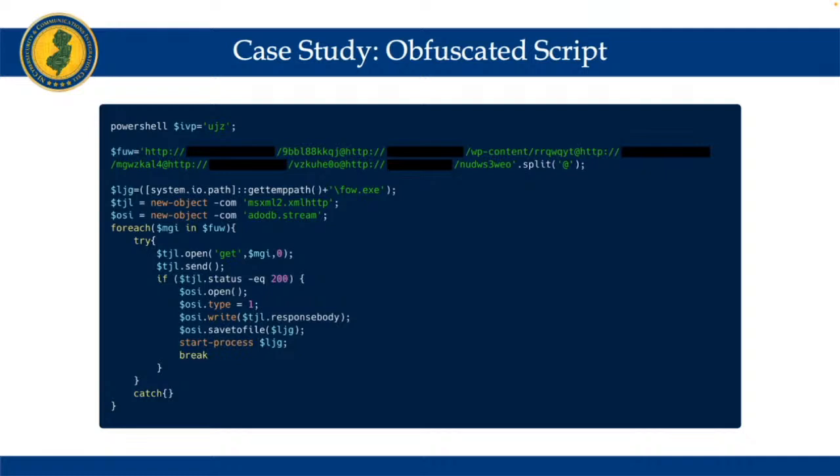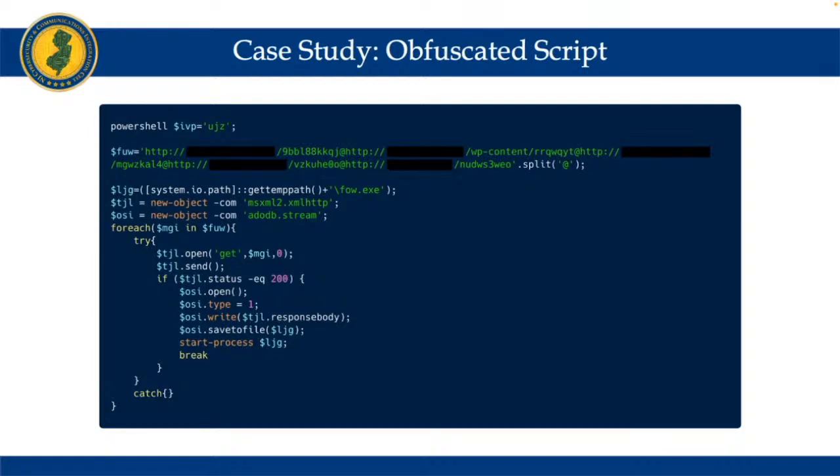And I'll just give a quick explanation of what this PowerShell is doing. There's a couple of URLs defined here at the top. There's a couple of objects here that help set up the script for HTTP communication to stream binary data across the internet.